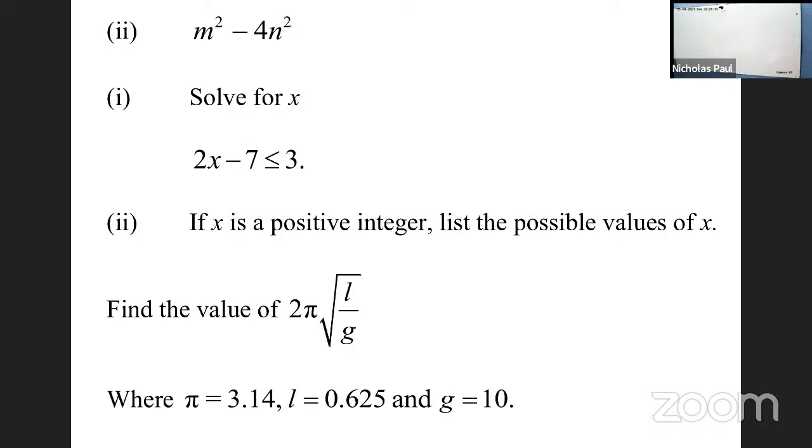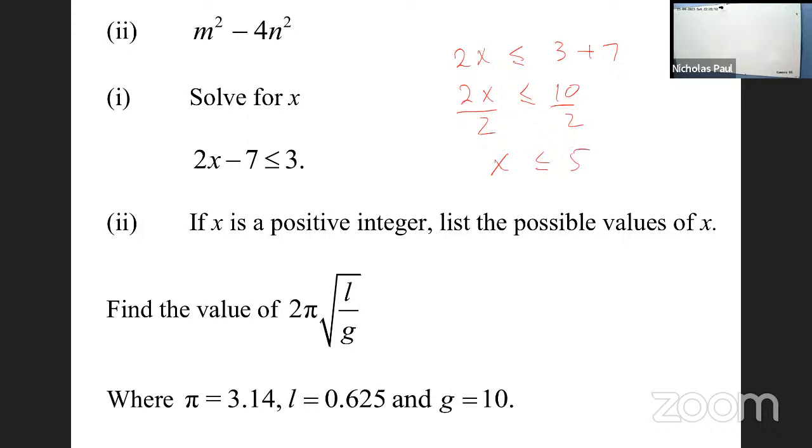So that'll be 2x is less than or equal to, move across the minus 7, it becomes what? Plus. 2x is less than or equal to 10, then divide everything by 2. x is less than or equal to 5.